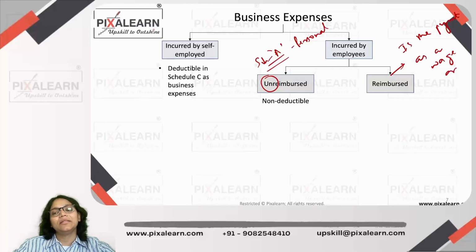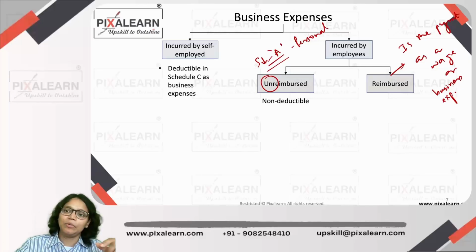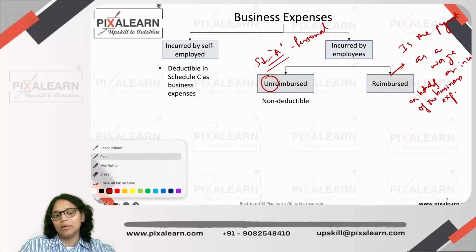Or is it a business expense? Actually, are you a conduit who is just incurring this expense on behalf of the business? So basically, it's a very simple concept, right?